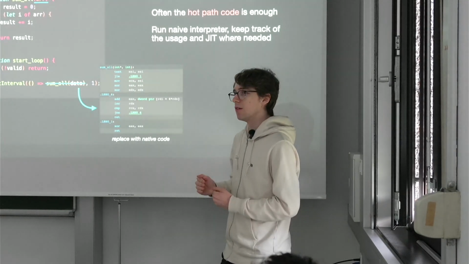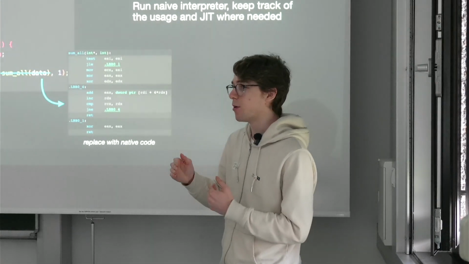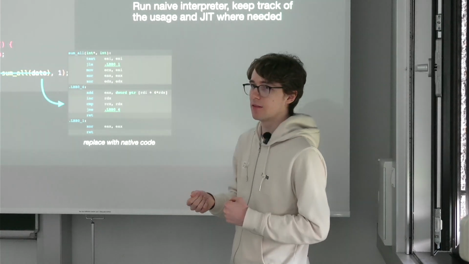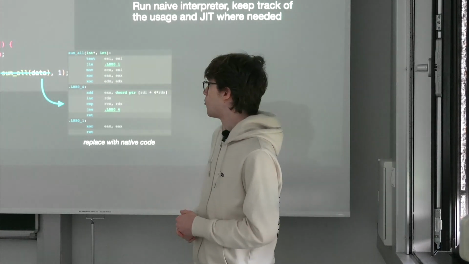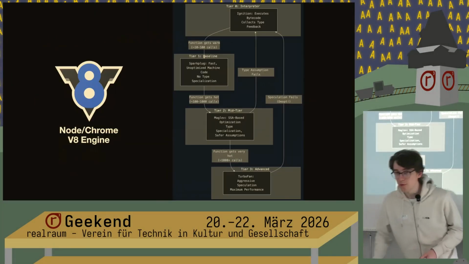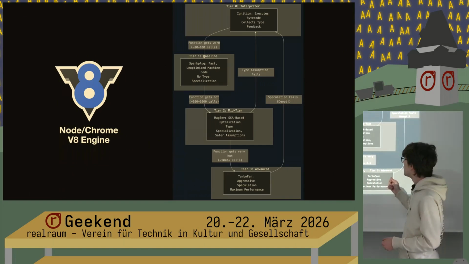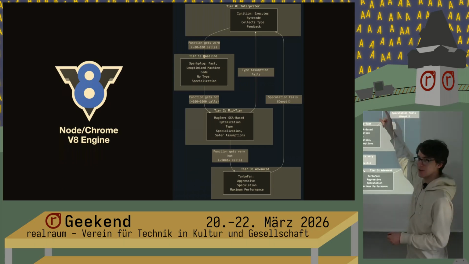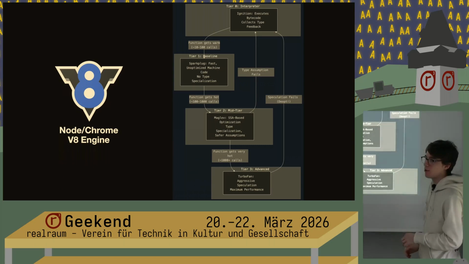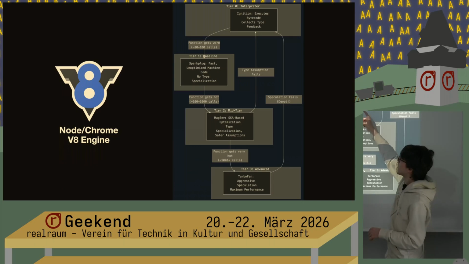They run your code and then they check what are the most worthy parts of the code to be JITted, and they do those first so that they are very efficient with code load and stuff like that. In fact, if you look at how V8, the engine of Chrome and Node, works, it gets really complicated. You start with a naive interpreter, and when a function gets warm, like it gets called 10 or 100 times, there is a first optimizer, Sparkplug.